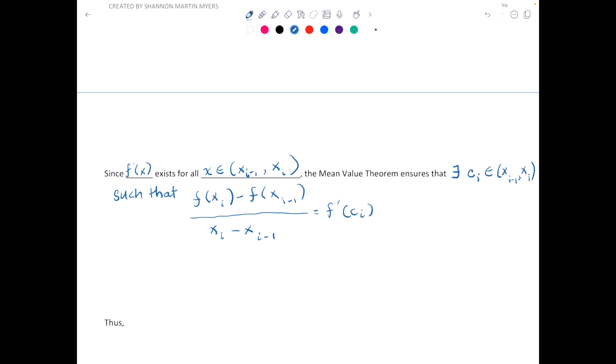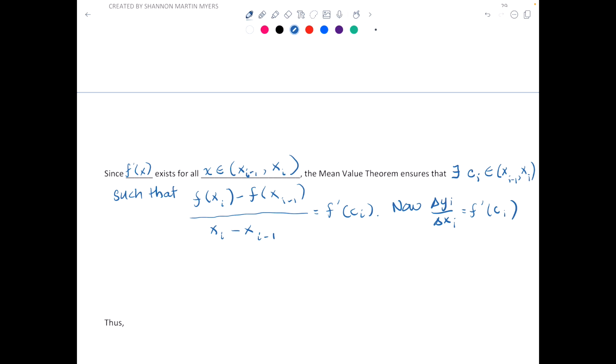Now, delta y_i over delta x_i is going to equal f prime at c_i.